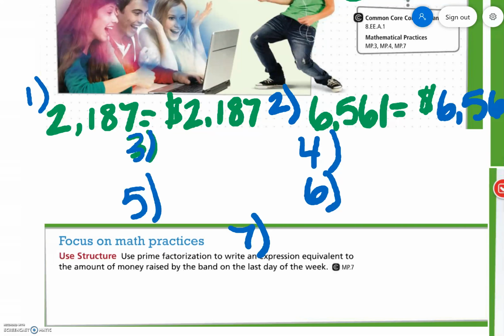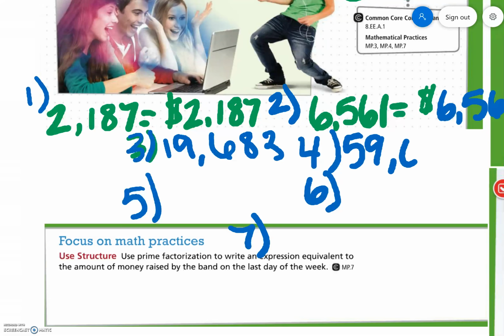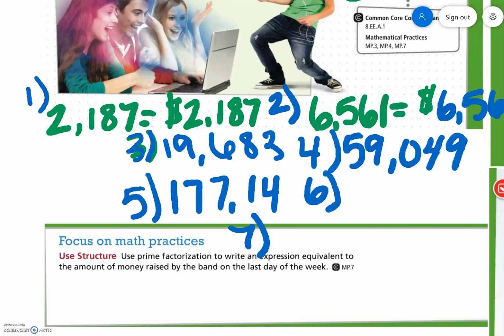All right, so hopefully you got these answers. 6,561 times 3 gives us 19,683. That times 3, 59,049. That times 3, 177,147. Times 3.